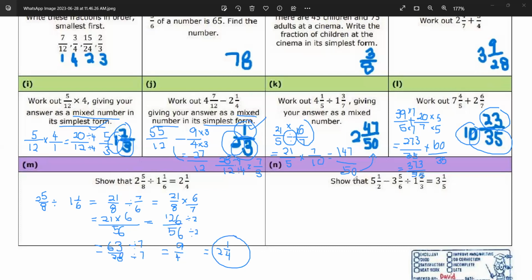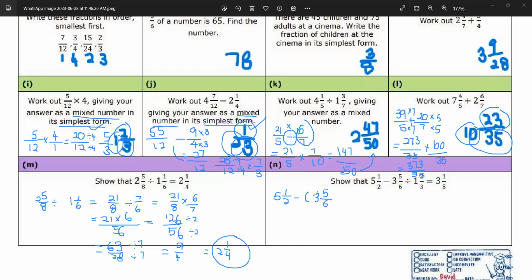Okay, so question N, the next question is also the same thing. We need to show the working. So show that 5 and 1 over 2 minus 3 and 5 out of 6 divided by 1 and 2 out of 3 equals 3 and 1 out of 5. So this one we'll need to do the division first. So I'll bracket it up so you're more clear to see.